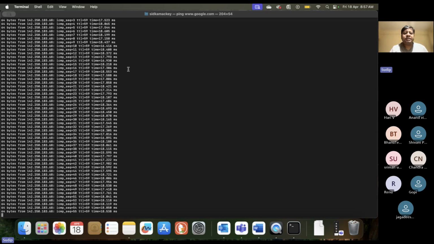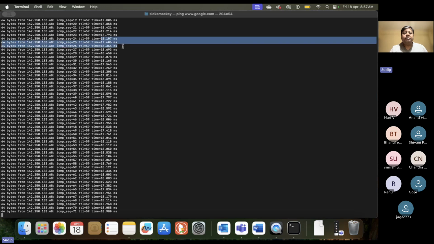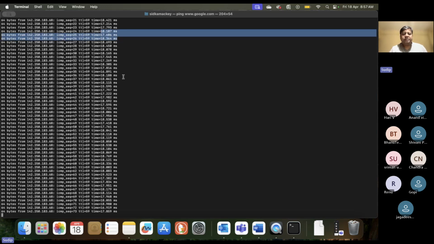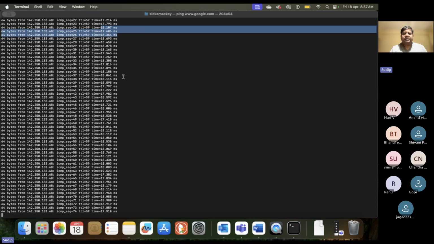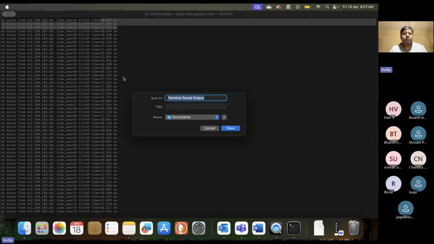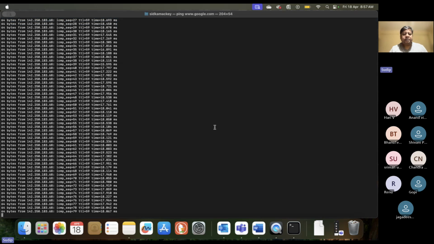And this is measured in milliseconds. That means within milliseconds, my laptop is able to reach one of the servers of Google and acknowledge that response back in about 17 to 18 milliseconds. So this is called latency.